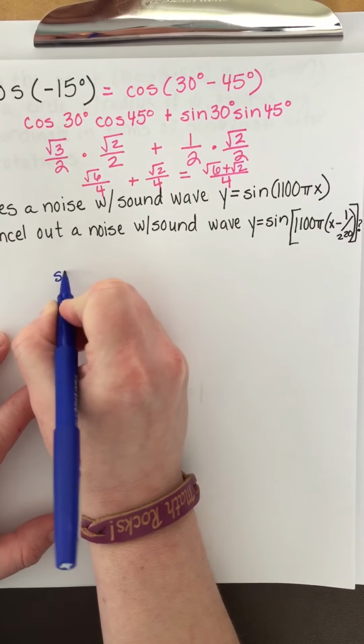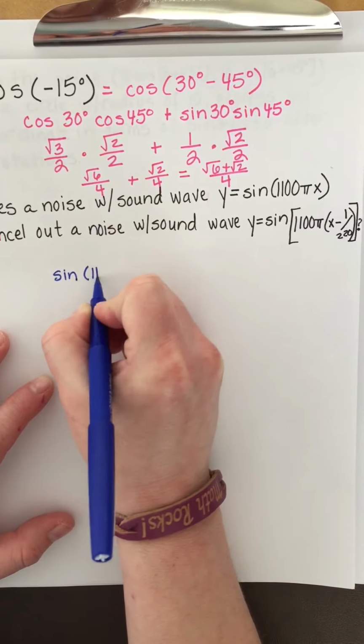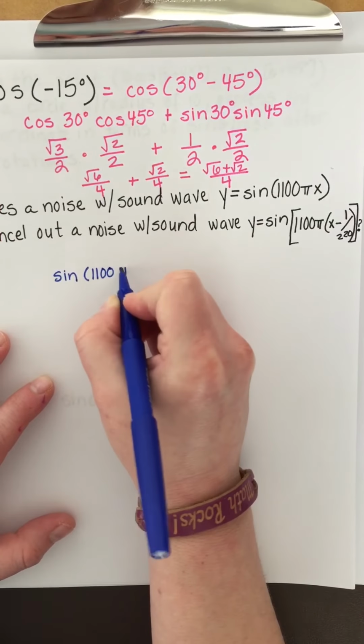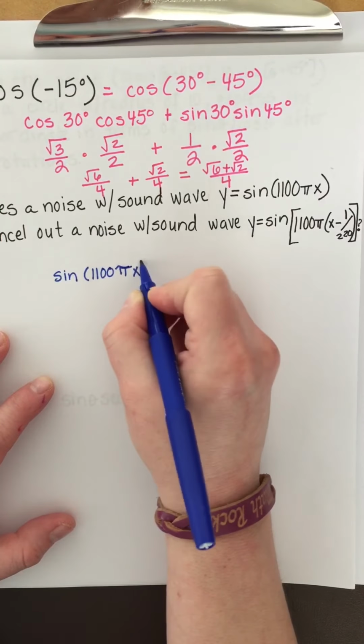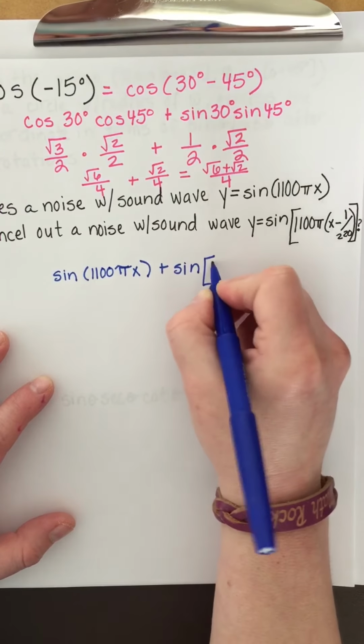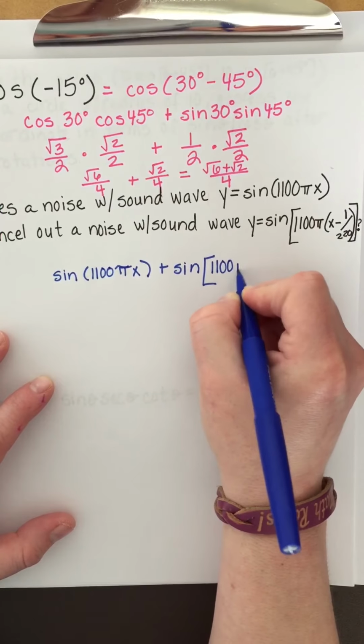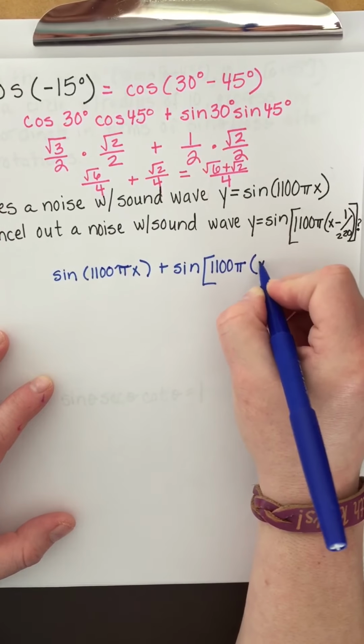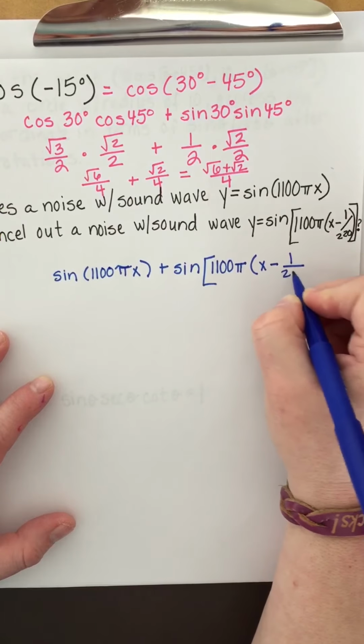So I have the sine of 1100 pi x, plus the sine of 1100 pi times x minus 1 over 220.